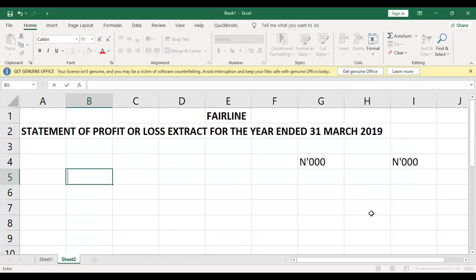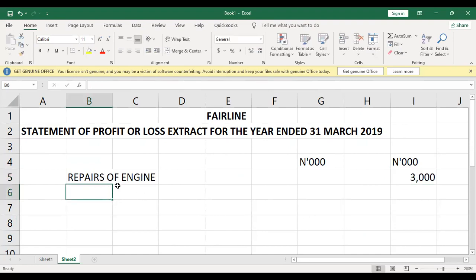Okay, so the first was repairs of engine, and what we have is 3,000. Then we also have repainting of the exterior.